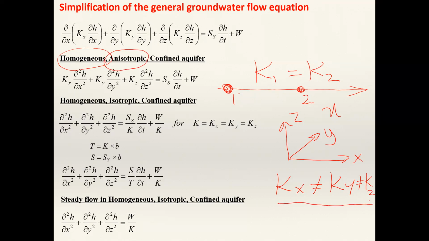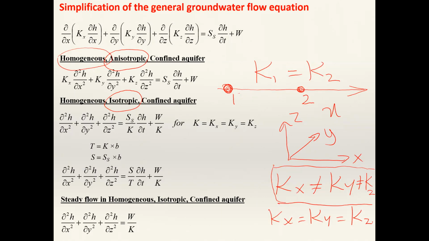Hydraulic conductivities along the principal directions are different. We call it isotropic if Kx is equal to Ky is equal to Kz. In that case, it is an isotropic aquifer. Homogeneous means along the principal direction, hydraulic conductivity is the same.